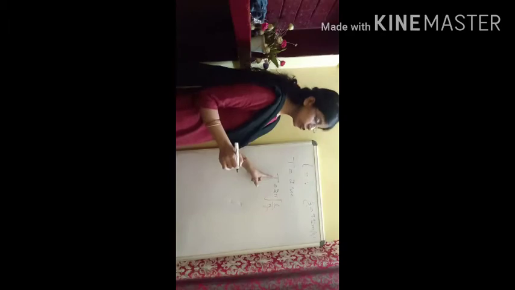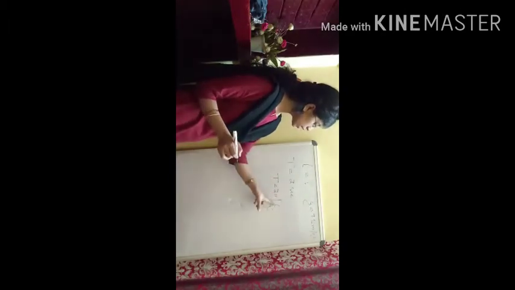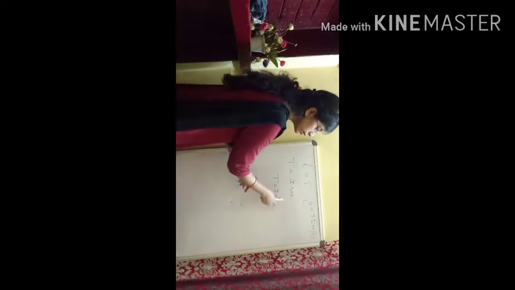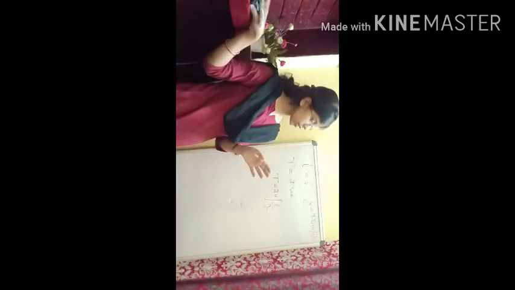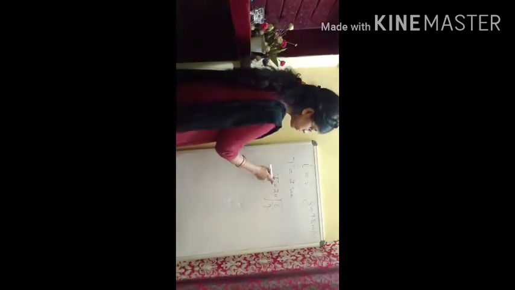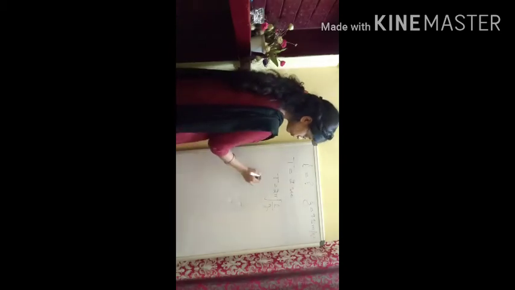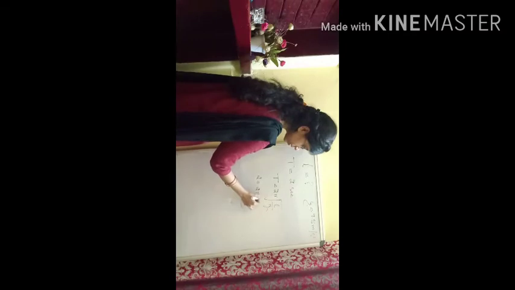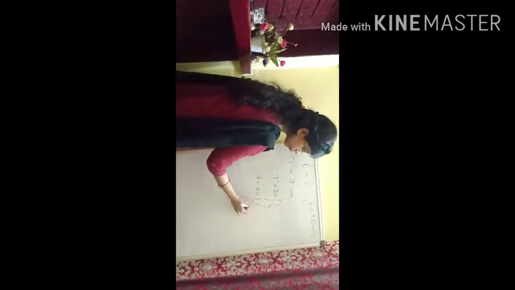We know T, we have to calculate L, and g is already given. So we'll put all the values and calculate L. T is 2, so 2 equals 2 pi under root L upon g, where g is 9.8.